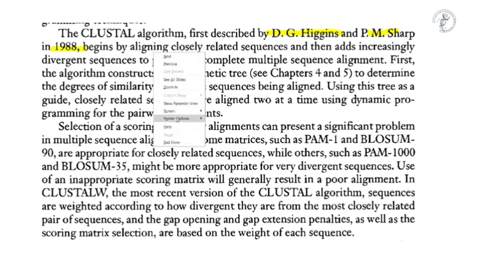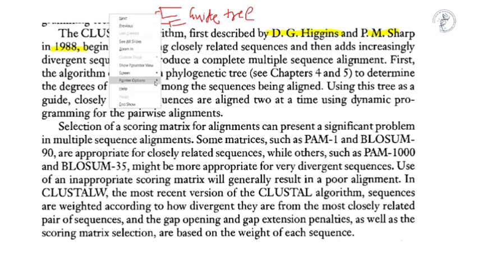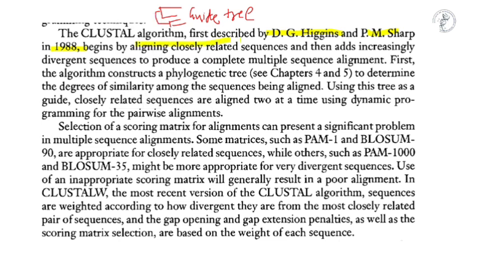Usually what they do is construct a guide tree. In the guide tree they find the closely related sequences, and then they align them. They align the closely related sequences first, and then add the increasingly divergent sequences.